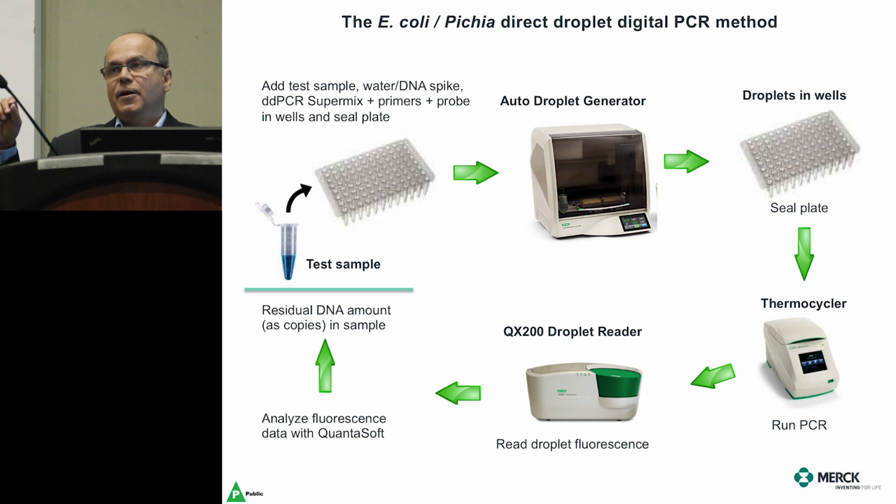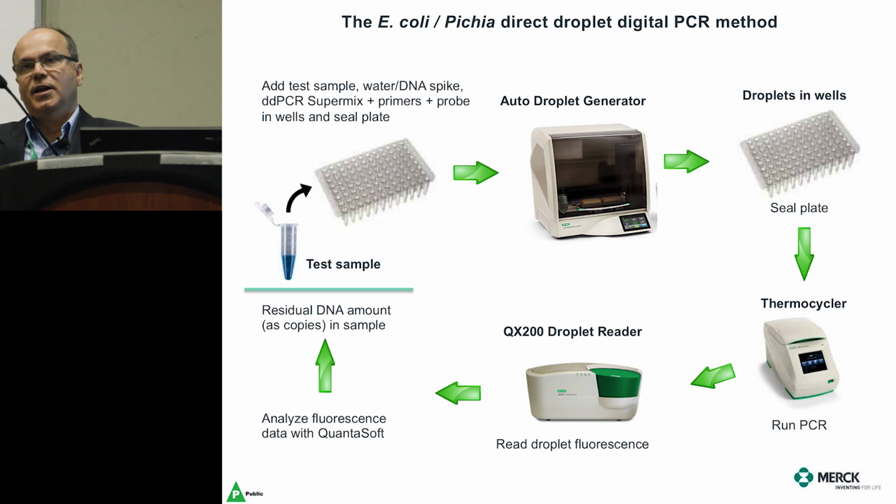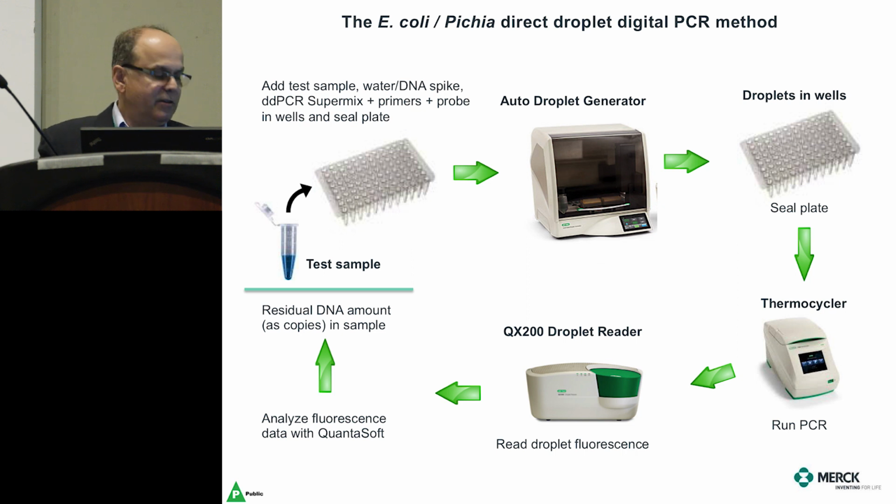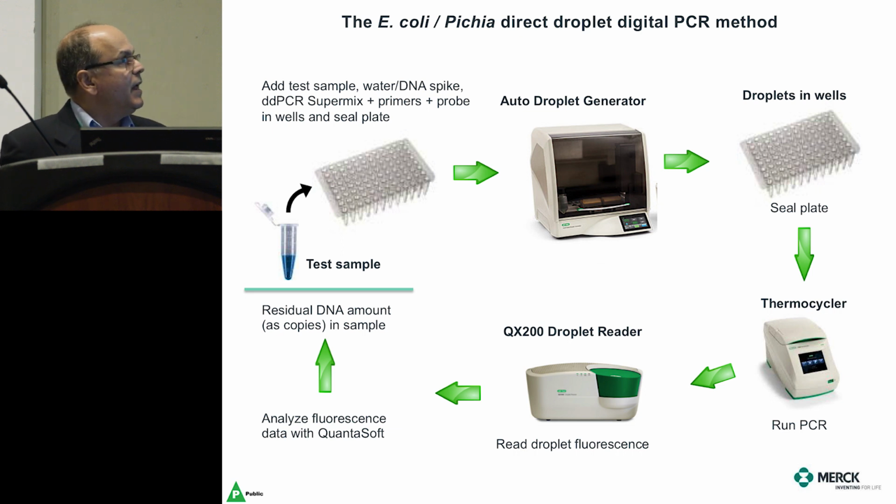And you line up the droplets, and you are just looking at, is it fluorescent or not, and how fluorescent is it? And based on that, you get your data. So basically, that's what droplet digital PCR is. And that is done with this machine, the droplet reader, and there is a software to give us the data.